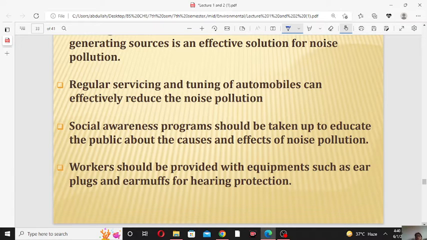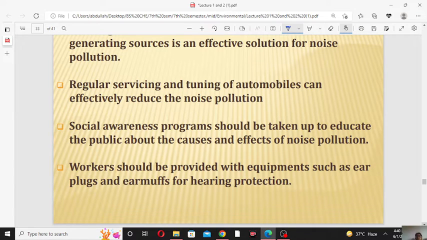We should educate our young, our elders, and men and women not to create noise in public places, such as near schools, hospitals, etc.